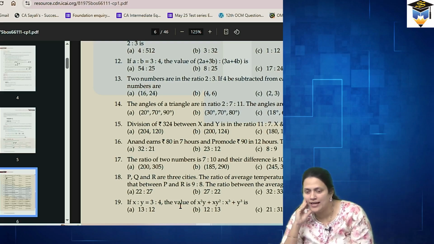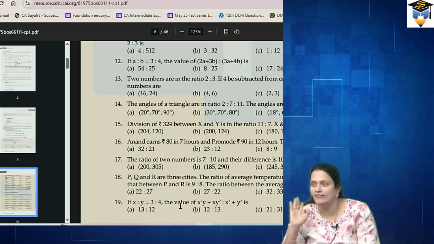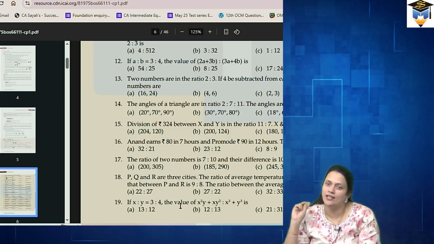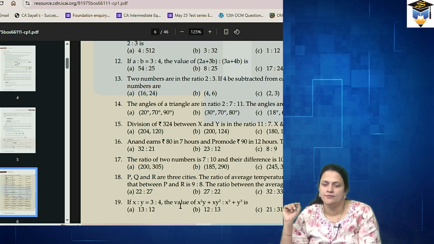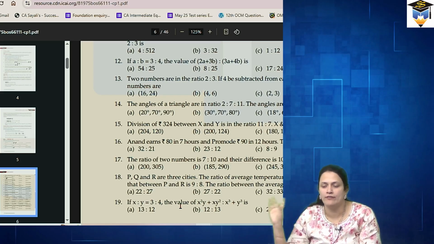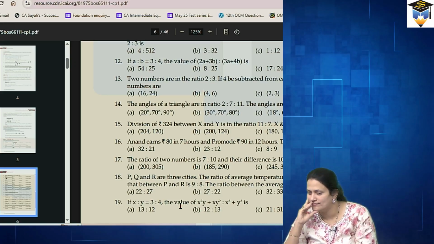Okay, now I want you to try 14, 15, 16, 17. If you don't get it, I will explain, but I want you to do it on your own first. I am going to read question number 14. The angles of a triangle are in the ratio 2:7:11. So the angles will be... What did I say, Hitesh?